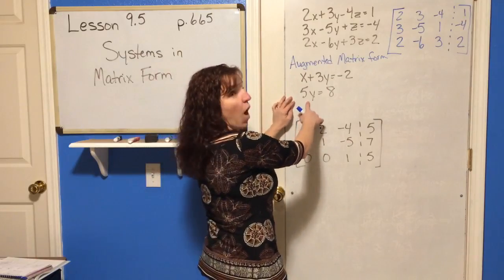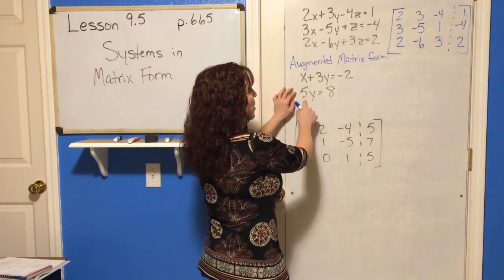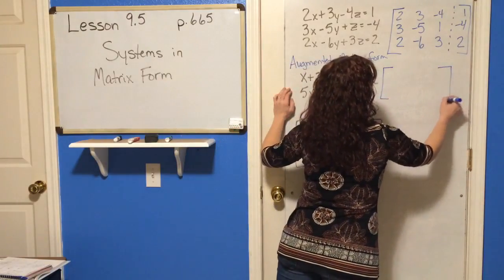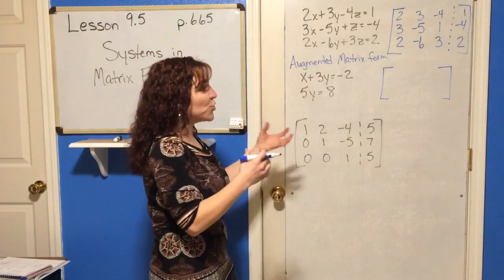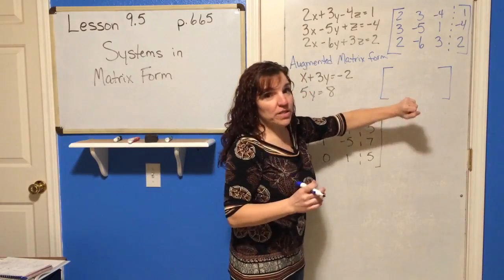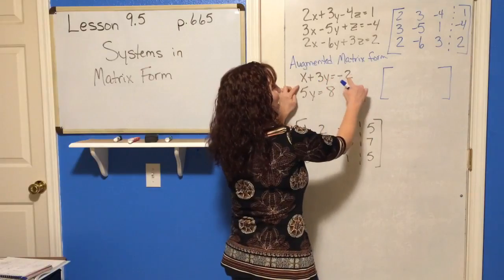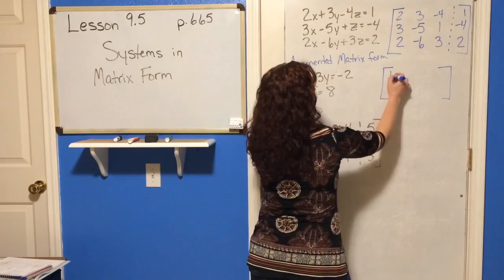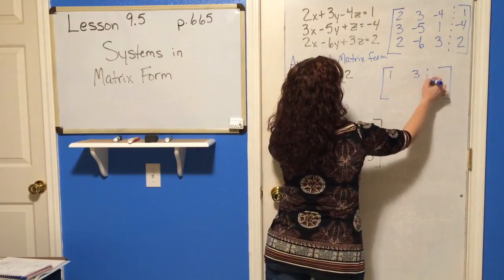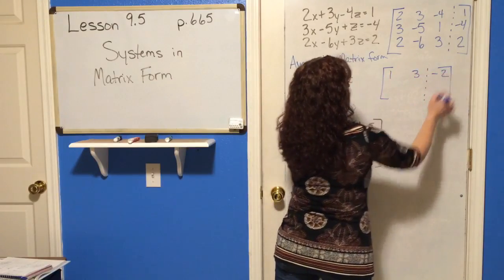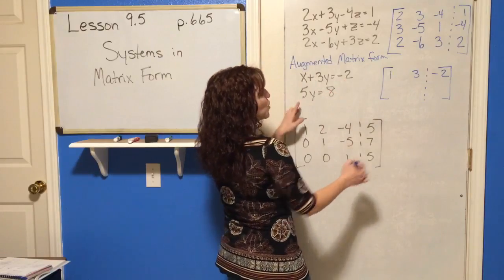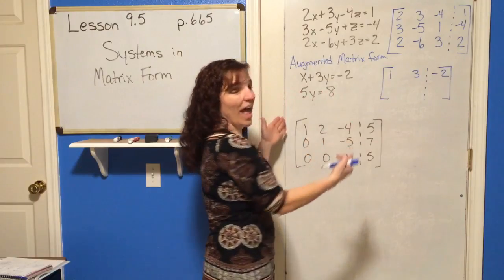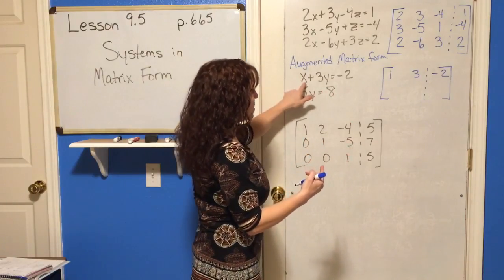But in this one we only have Y. So what we need to do here is if we don't have a number represented, we have to represent it in your matrix. So if you've got X, Y, and answer, you need to have X, Y, and answer. So the X is 1, the Y is 3, and your answer is -2. All right, so on this one, you need to have an X and a Y and an answer. And if you look to see, there is no X. Now, if there's not a number in front of the X, that's 1.